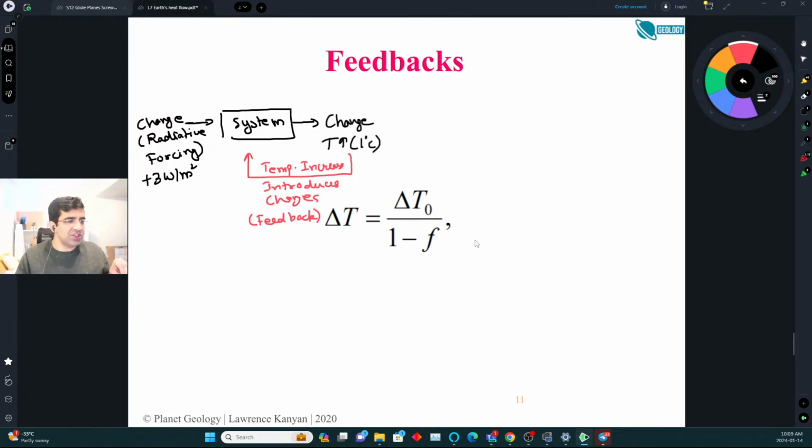So you disturb the system, it changes, and that further affects the system. Then this feedback loop occurs.